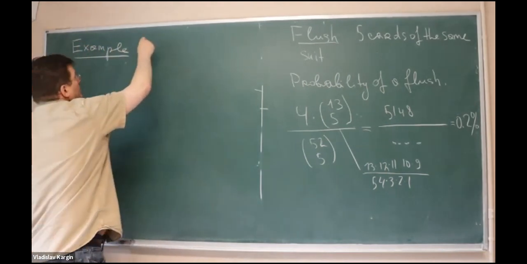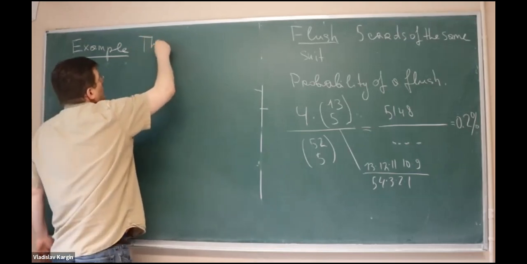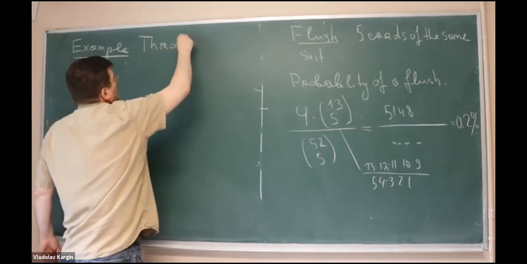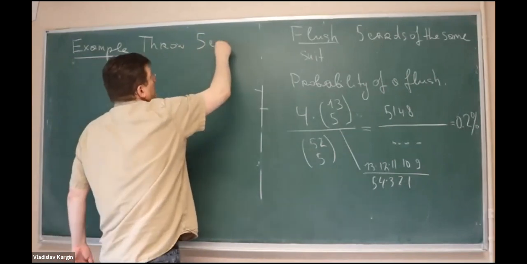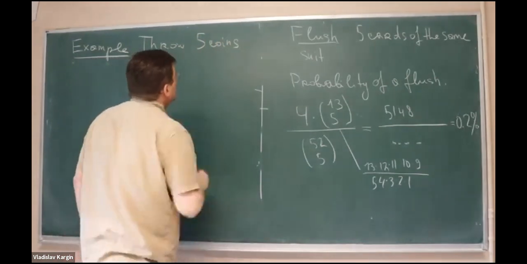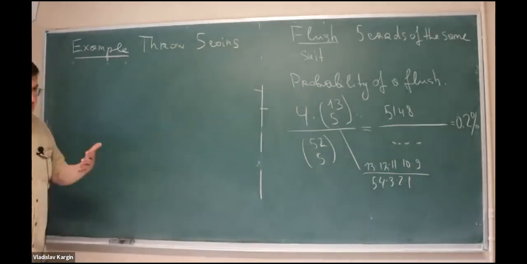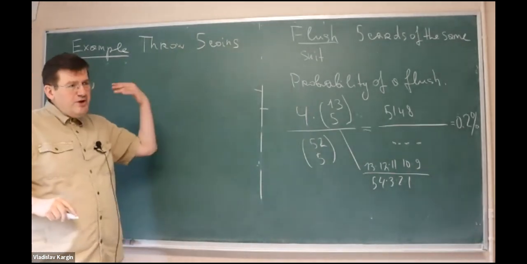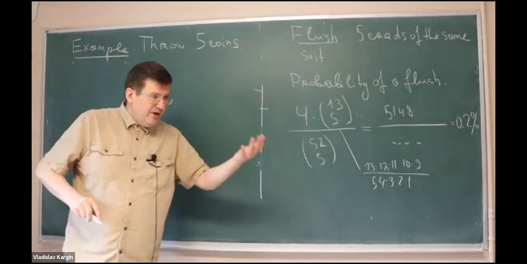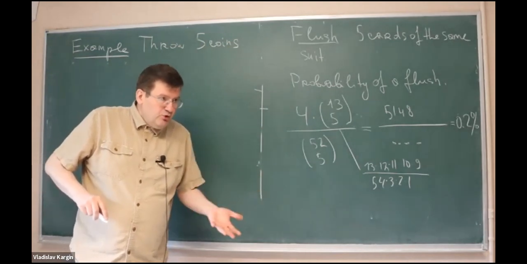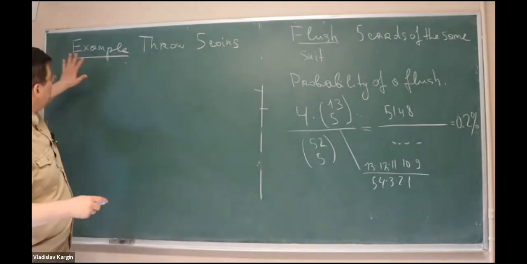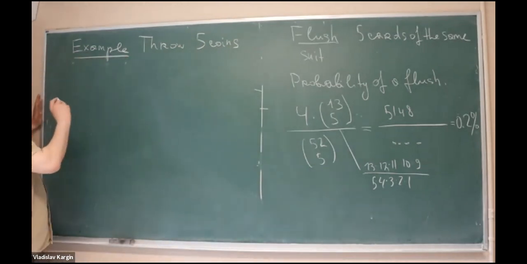So throw, say, 5 coins. Previously we looked at 3 coins and asked what's the probability that there are 2 or more heads. So let us here just say exactly 3 heads.